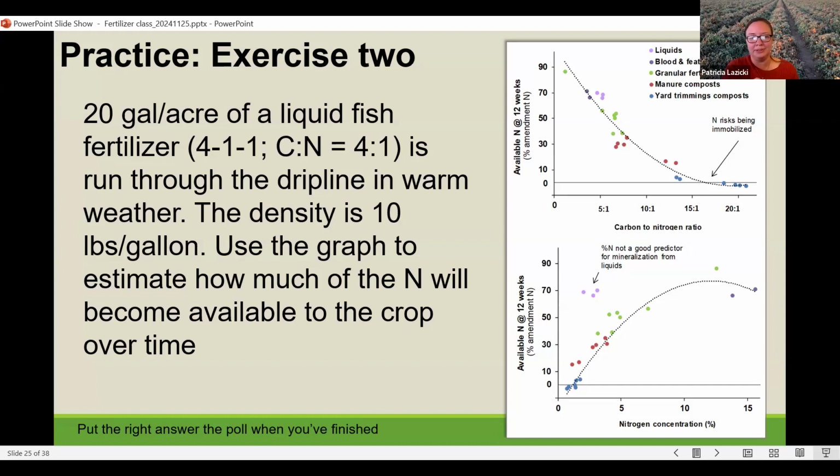And so again, like we did last time, we'll launch the poll after a couple of minutes, and the answer that you'll put in will be your estimate of how much of the N will become available to the crop over time.